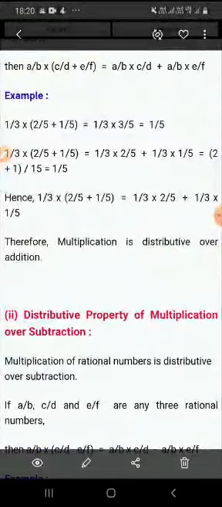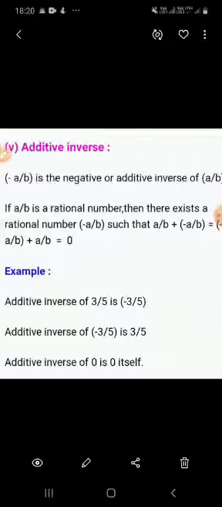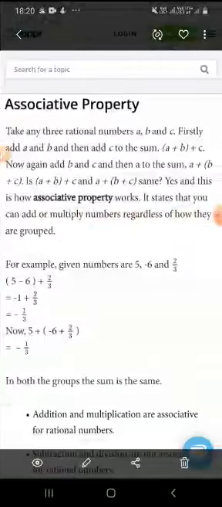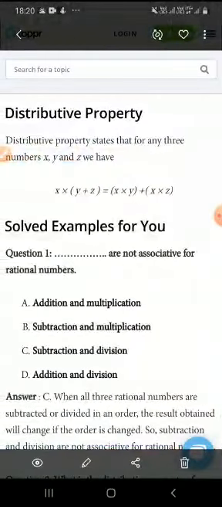We can say that multiplication is distributive over addition. x into (y plus z) will be x into y plus x into z. This is multiplication being distributive over addition, and the same holds true for division also. Let's recall the property: x into (y plus z) will be x into y plus x into z.